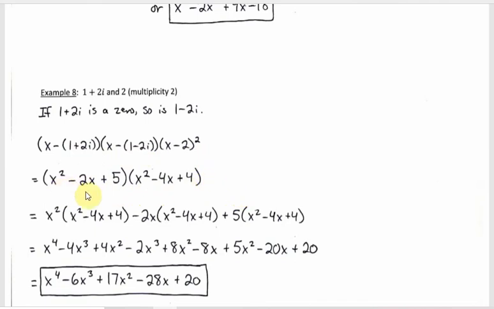So I distributed the first trinomial through the second one. So I've got x squared times second trinomial minus 2x times second trinomial plus 5 times second trinomial. And then distributing x squared, negative 2x, and 5 is what's in this line. And then from there, you can combine like terms in a few different spots, and eventually you get x to the fourth minus 6x cubed plus 17x squared minus 28x plus 20.